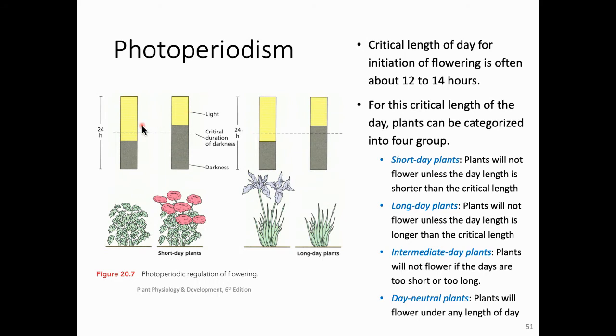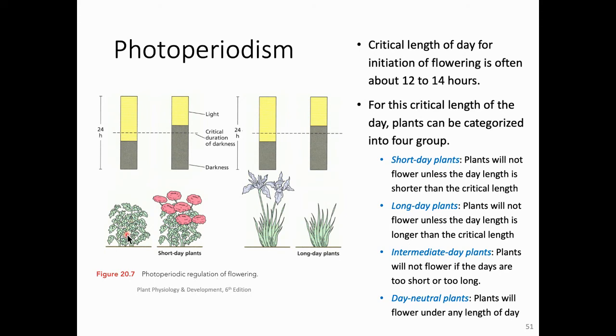And we have the critical day length, which is like a standard or baseline of the day. If the plants receive more or less light during the day than the critical day length, they will respond differently. And there are four types of plants that respond differently in their length compared to the critical duration.